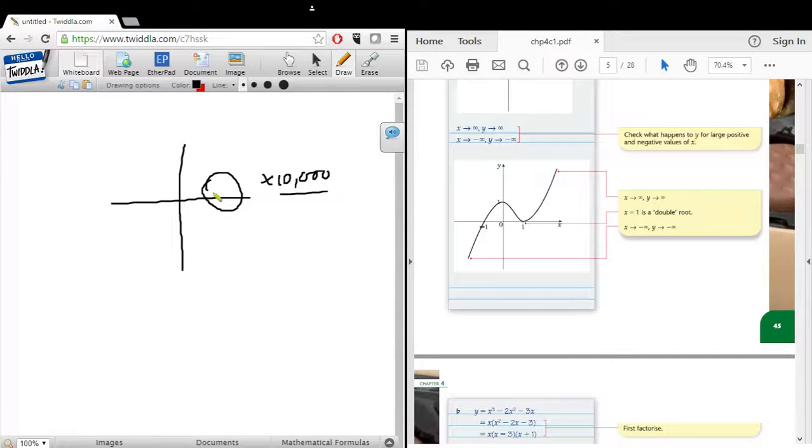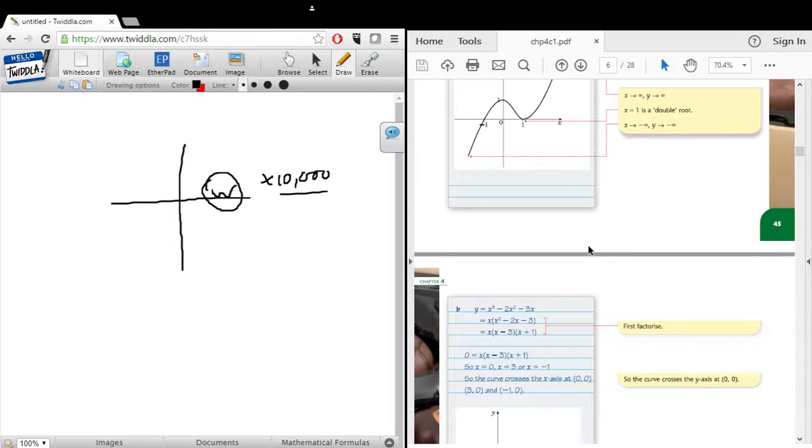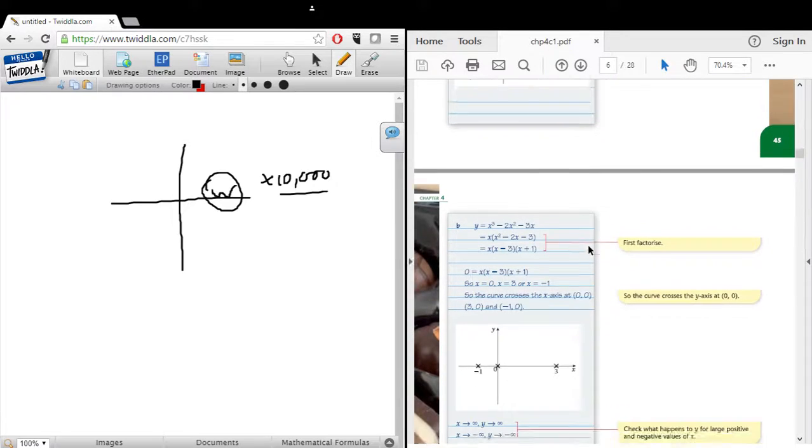You might realize that what looks like just one intersection would be a double intersection, but it's so small, you'd have to look at it so zoomed in, that it just appears to us and is drawn as one touch with the axis. That's just for you to understand why they call it a double root, because technically it is a double root, but it's unproductive to draw it as two bumps.